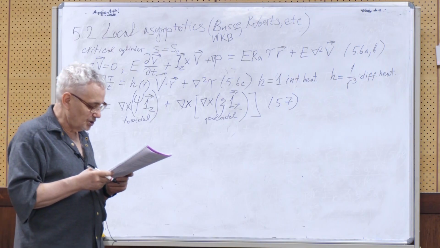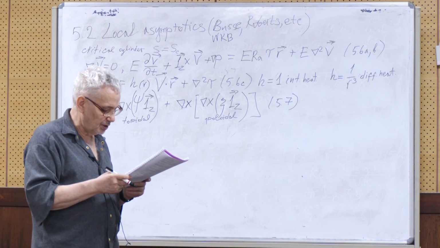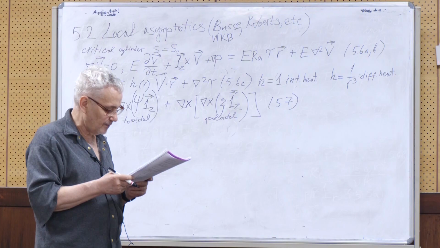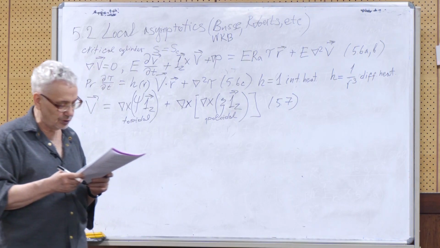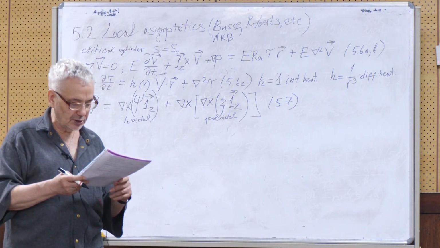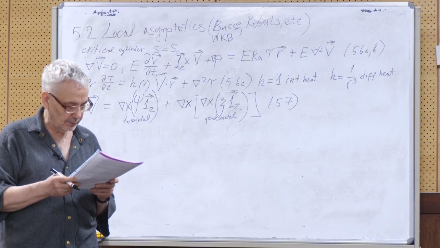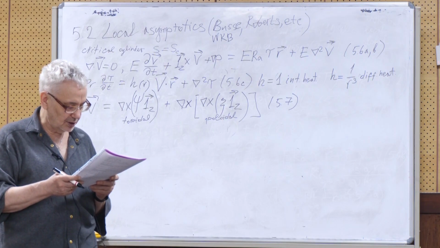In this standard toroidal-poloidal representation, the velocity field satisfies the solenoidal condition, as I already told, and the corresponding vertical velocity and horizontal Laplacian operator are defined as follows.